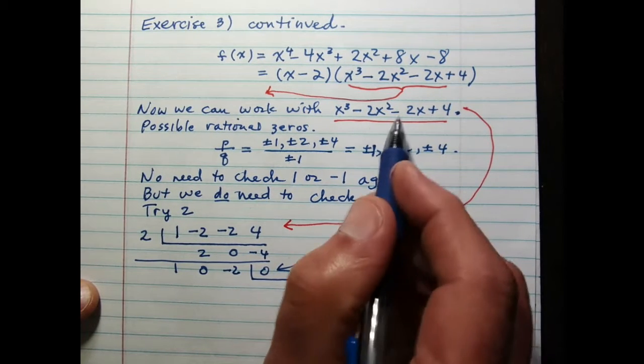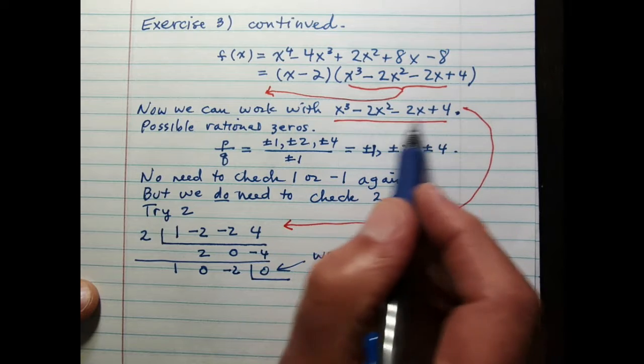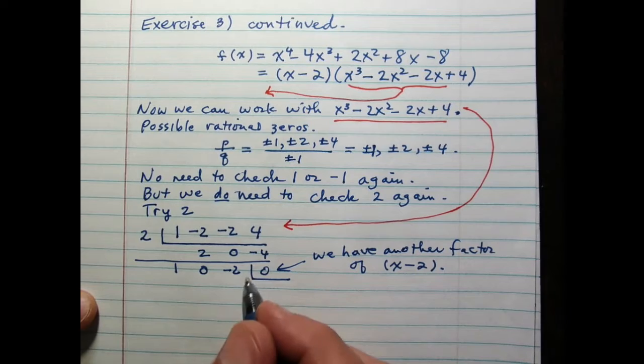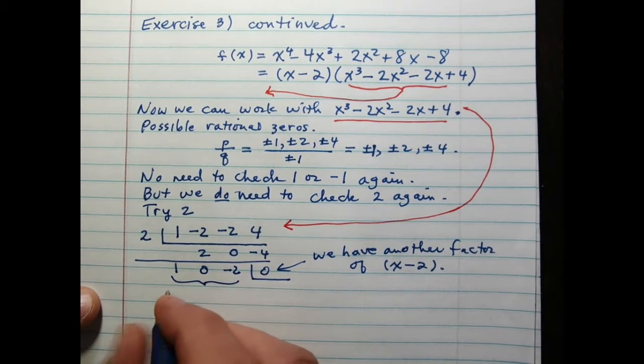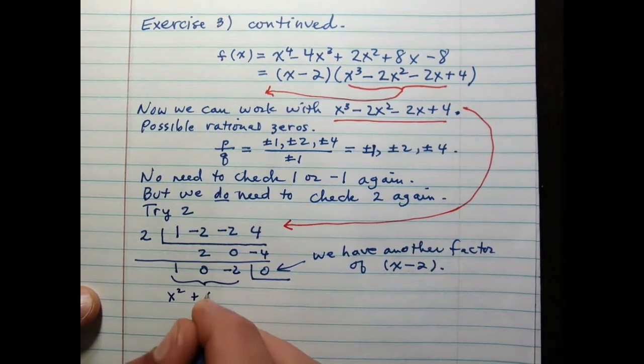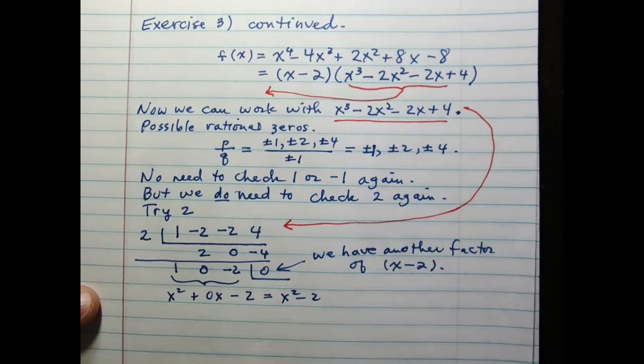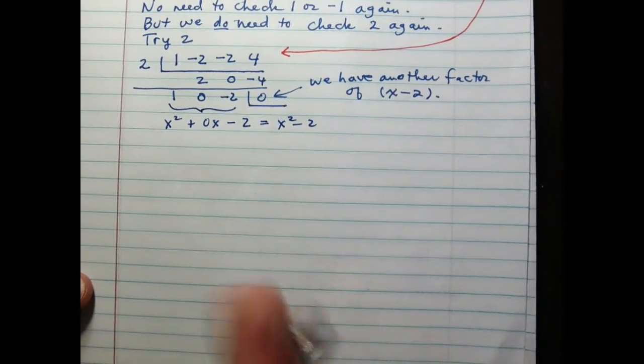We didn't give that polynomial a name, but we're saying if we plug 2 into this polynomial, we'll get 0. So 2 is a zero of this cubic. And the quotient here is x squared plus 0x minus 2, which we're just going to write as x squared minus 2. All right, so let's sum up what we got.